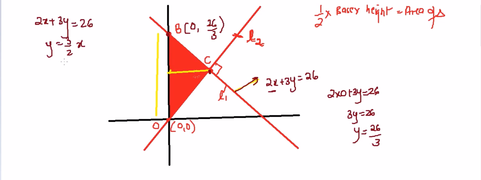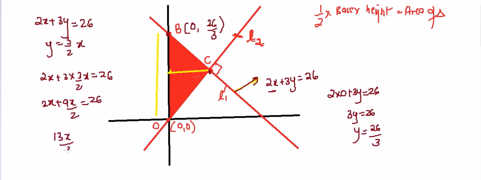What we need to do, either go for substitution method or elimination method. Here if you do the substitution, that will be much simpler. So in place of y, let me put 3 over 2x. So 2x plus 3 times 3 over 2x equals 26. This will give you 9x over 2, so 13x over 2 equals 26. And x you will get as 4.